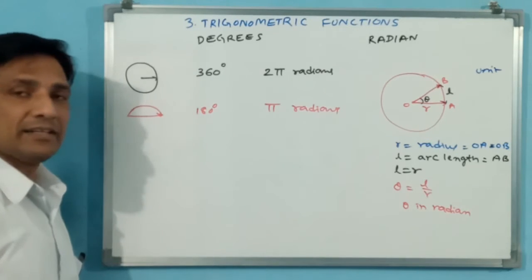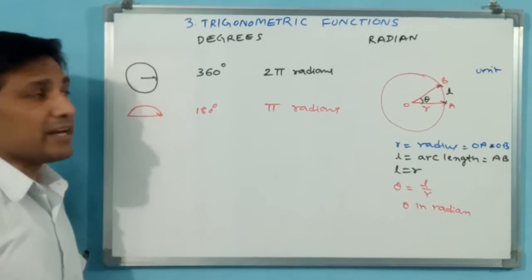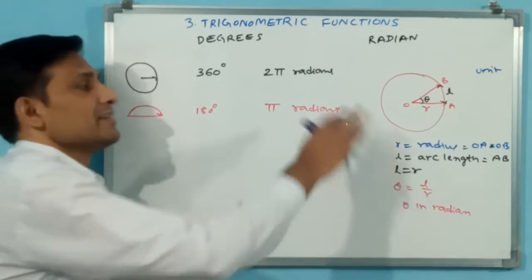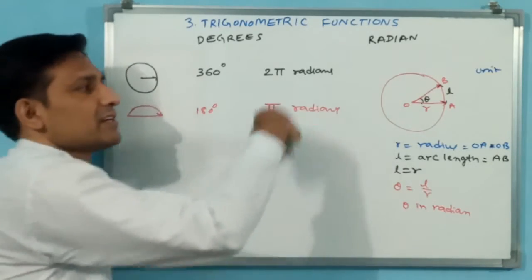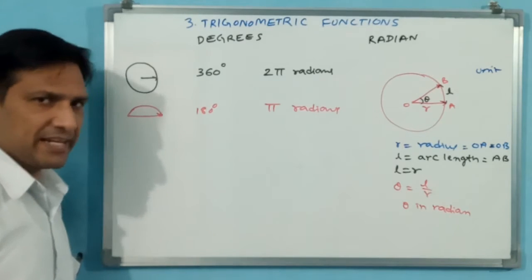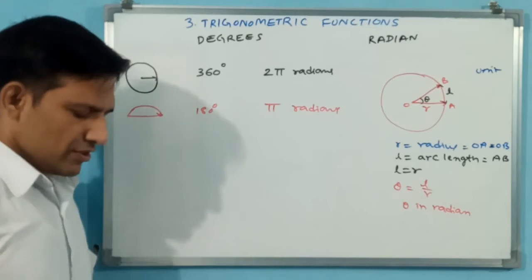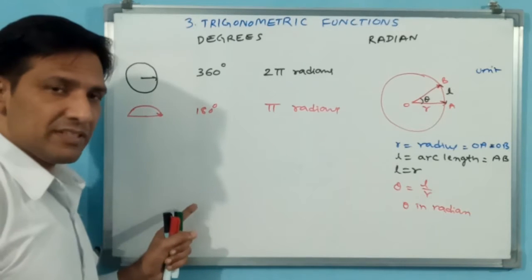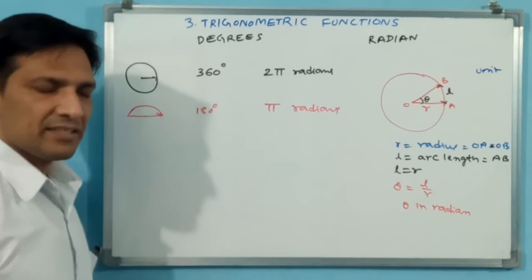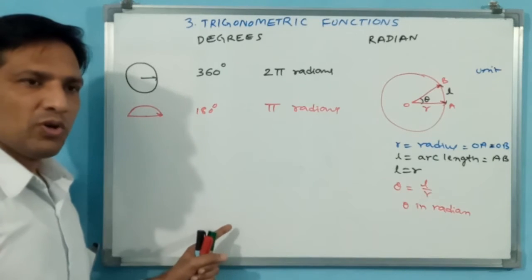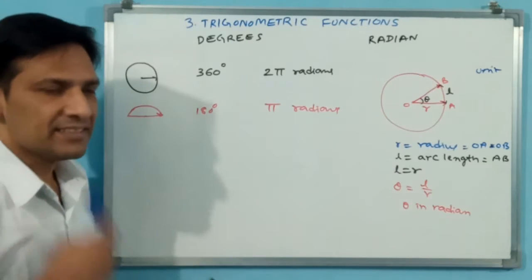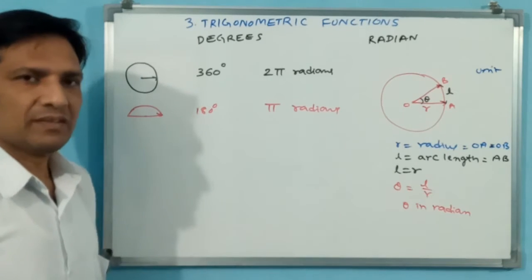Okay, now you understand? See, a comparison should be there between both. Both are angular measurements only. Like degrees, negative, positive, clockwise, anti-clockwise, all will be there with radians also. The angle is the same, theta. Both will be represented with theta only. But if you write theta is equal to 30 degrees, that is degrees. If you write theta is equal to pi by 6, that is radians.